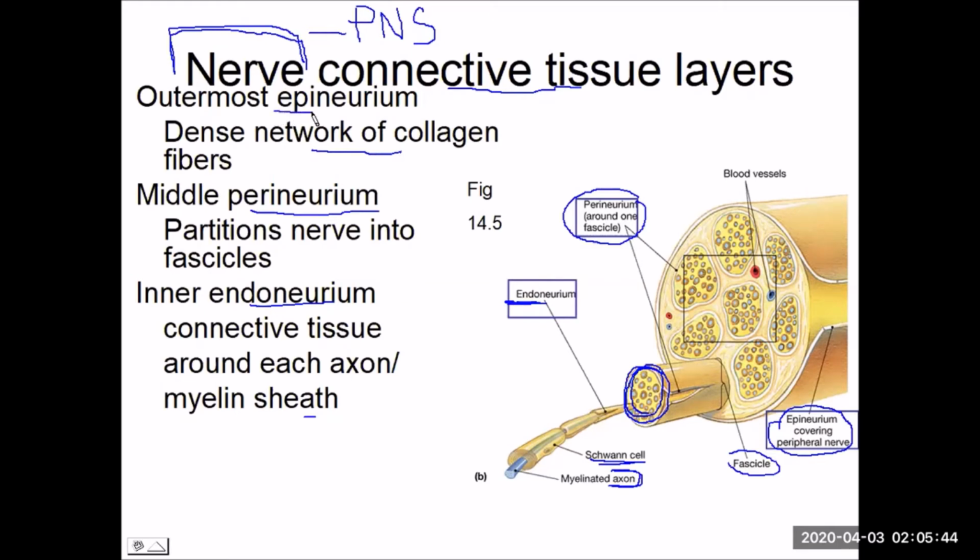It was the very same prefixes. Epi at the surface of the structure, the peri prefix bundling around fascicles, and at the deepest layer, the endo. So perineurium bundles fascicles, and multiple fascicles grouped together are wrapped in the epineurium.